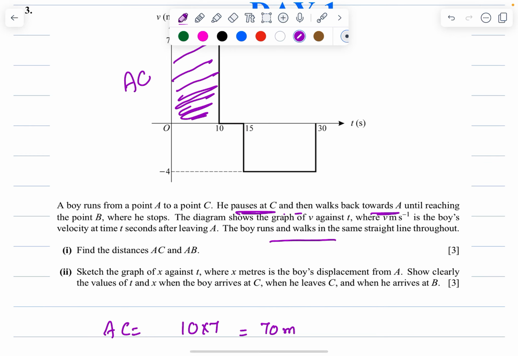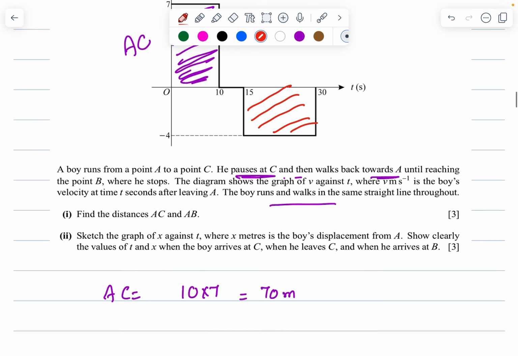Now he's pausing at C and walks backwards towards A until reaching a point B. Now he is walking backwards. This distance is backwards. And what is the area? Backward, how much is he walking? That area is going to be 15 times 4, which is 60.